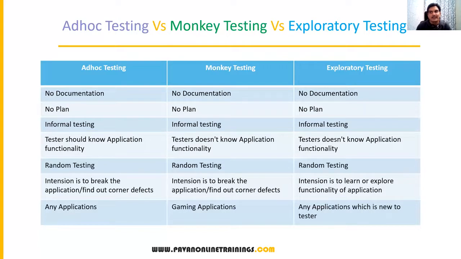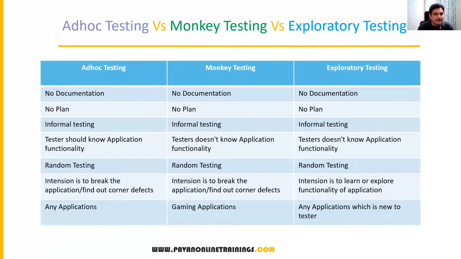And the main intention of exploratory testing is to learn and explore the functionality of the application. In exploratory testing, we are mainly focusing on learning the application because we don't know it. We don't have any documentation, and we don't have prior knowledge of that application. So the main intention is to explore the functionality of the application and then test it.